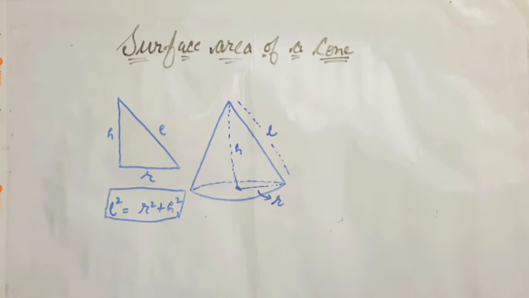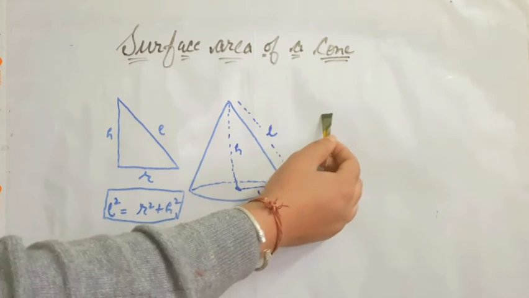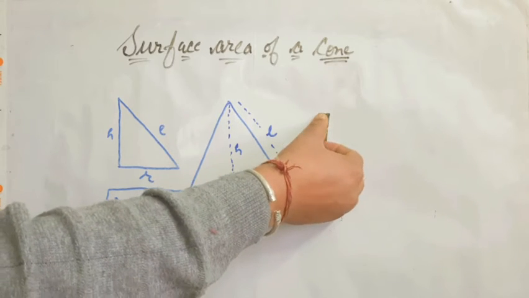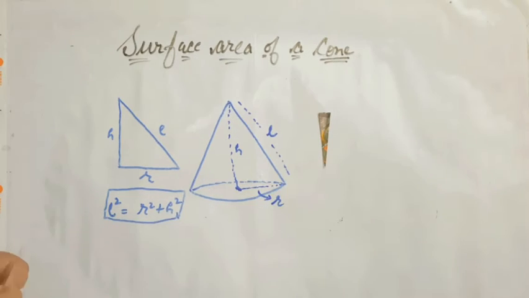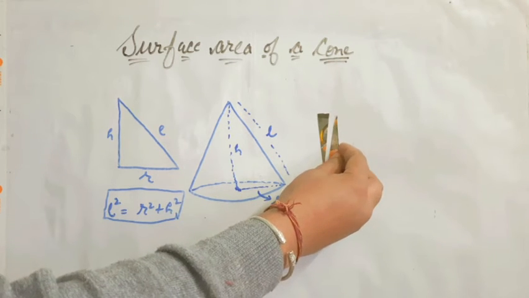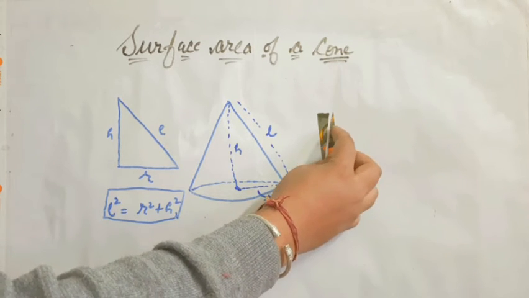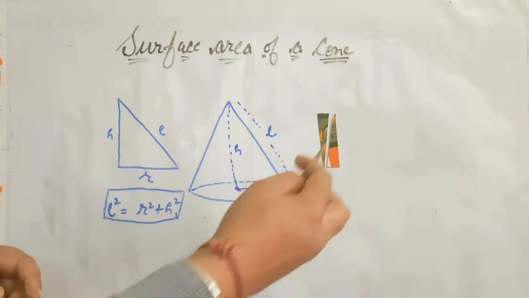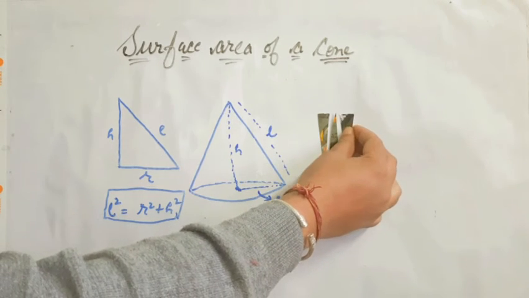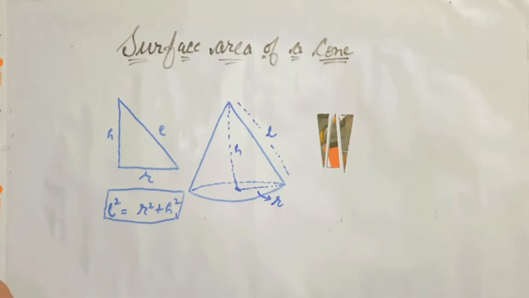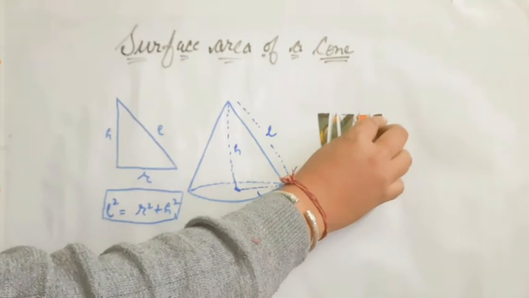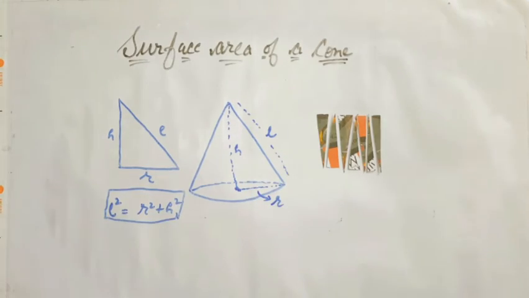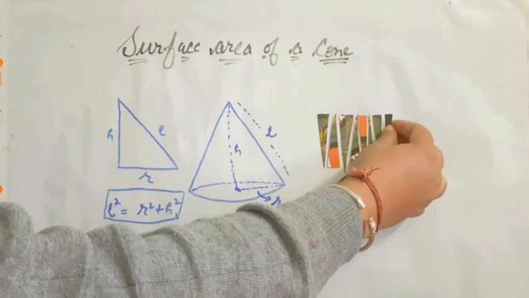I paste them in such a way that in one piece the vertex is downwards, in the next the vertex is upwards, in the third downwards, and in the fourth upwards. All pieces of this quarter I pasted like this.